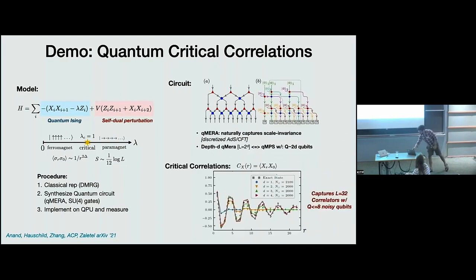And so here's some experimental data from the Quantinuum system, where as you increase the depth of the MERA, you can reproduce longer and longer correlations. This solid line is the theoretical answer from the classical DMRG, and these other points are actual experimental data. Just to say that you can produce correlations out to, in this case, 32 sites with fairly high fidelity using a noisy 8-qubit system.